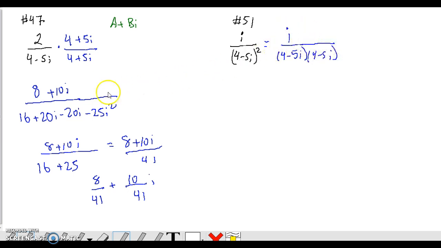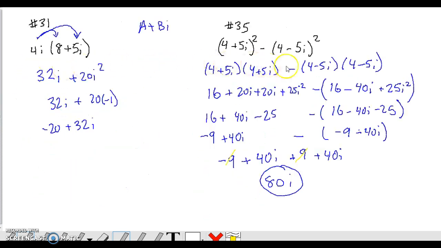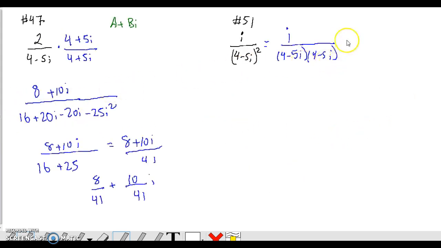Okay, and if we recall, we've already done that problem, I believe, and it was right here. So when we did that, 4 minus 5i twice, we got 16 minus 40i plus 25i squared. That turned into a negative 25, so negative 9 minus 40i. So I'm not going to do all that work because it's already there for us.